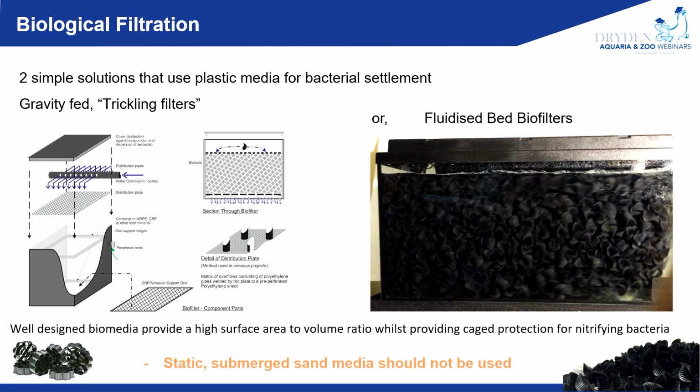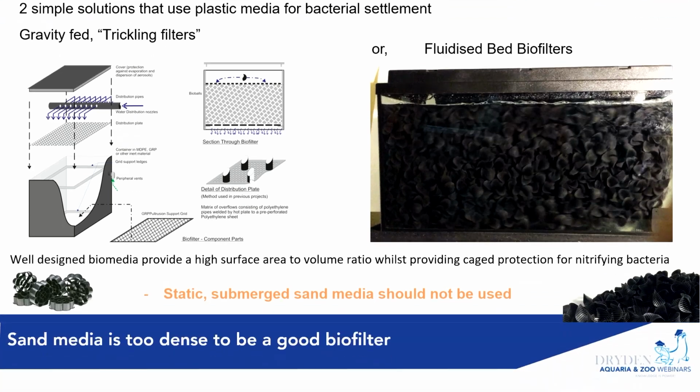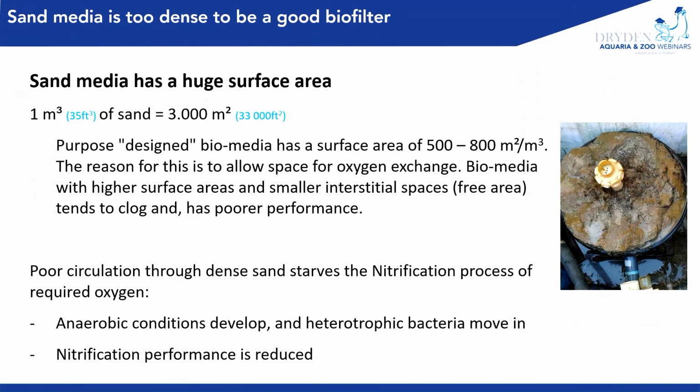Which speaks back to the previous slide with the reduction of oxygen going through the sand filter. And this is a quick recap because it is so important and can be seen quite clearly. You've seen this picture before where the media is totally bound together by biological film and dirt in the media.